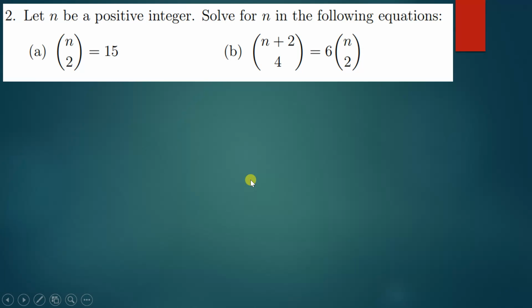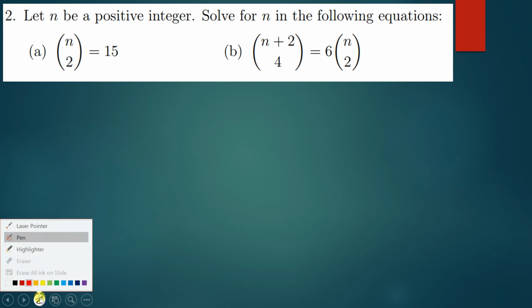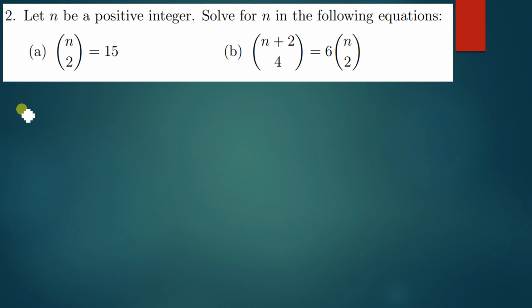Okay, let's continue. So this is the question. The first question says n choose r is equal to 15. In the previous questions I showed you how you can evaluate this n choose r.